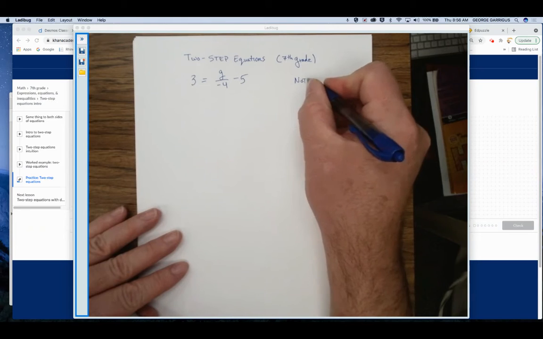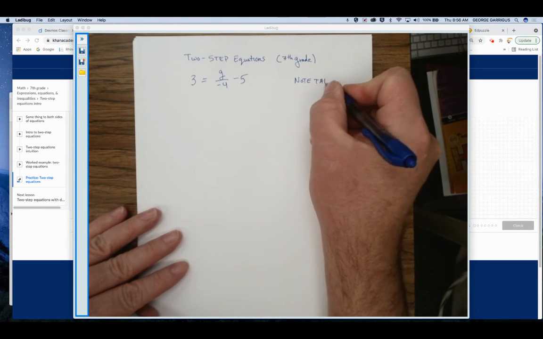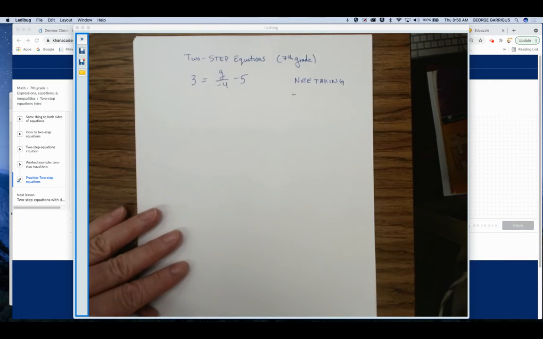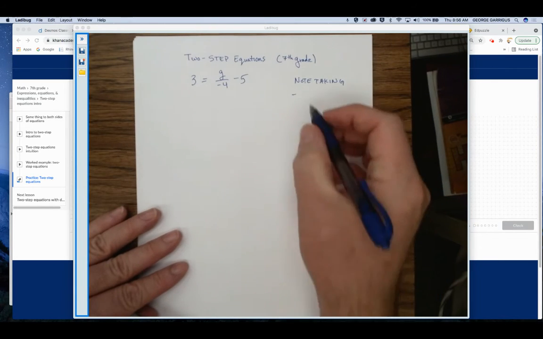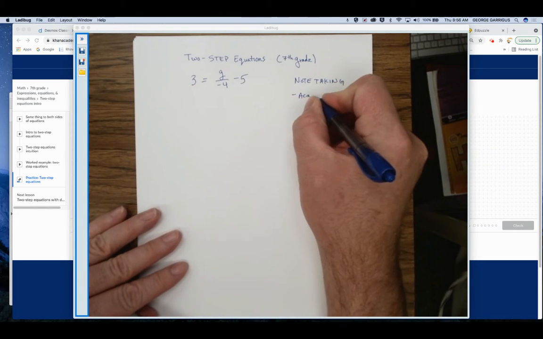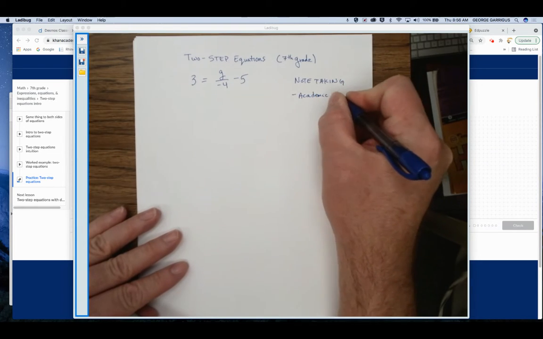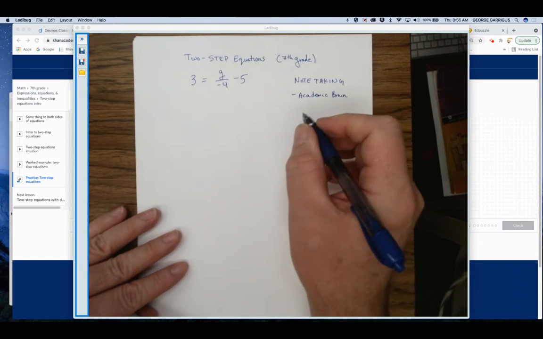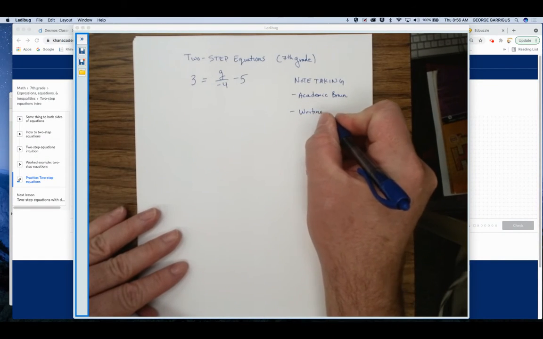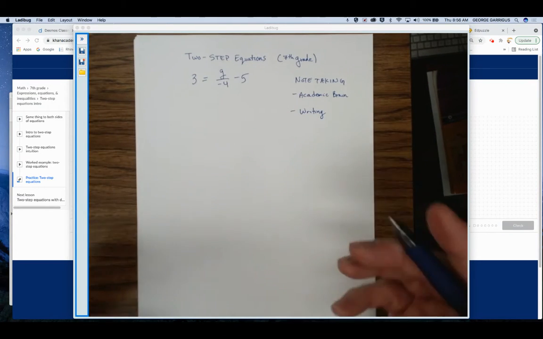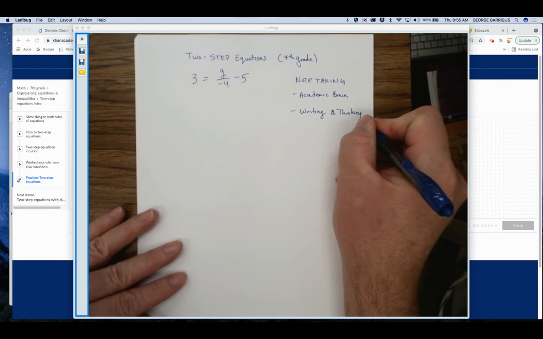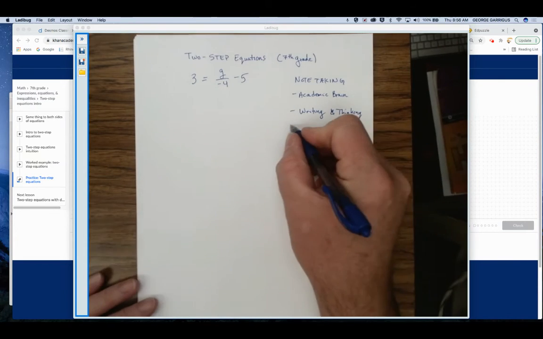Note-taking is very important because it accesses the really deep thinking part of your brain. So it accesses the academic brain. And by writing things down, it's more powerful. So you're writing, you're thinking, and you're discussing in your head if you're self-checking.